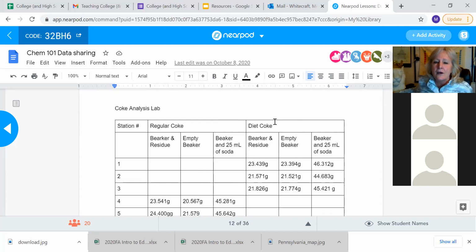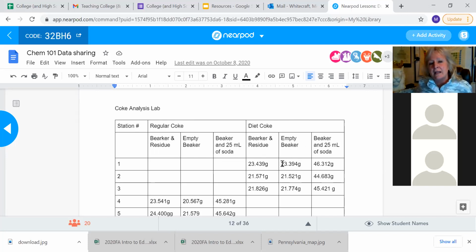Diet Coke has aspartame or NutraSweet in it, which is about 100 times sweeter than sugar. So for the sake of easy numbers, if Coke has 100 grams of sweetener in it, then Diet Coke would have 1.